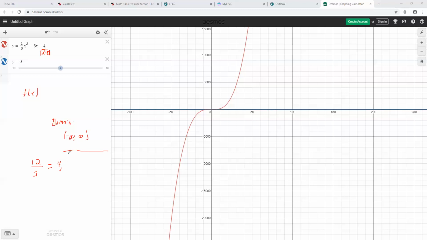It just is. Or you could say, prove it. Why? Because the 4 times the what, William? The 3. Equals what? 12. Yeah. That's why, smarty pants.